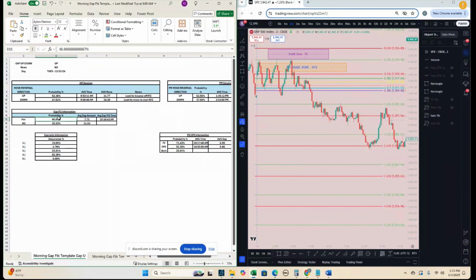I'm looking for entries to take it back down. So my entries aren't going to happen here, right? That doesn't really make any sense because as we know as traders, they like to fake out the gap fill at least 1 to 3 times before they actually fill it. But if I take it up here and I know that I have a 65 to 70% chance of filling this gap, I'm going to take those every time.